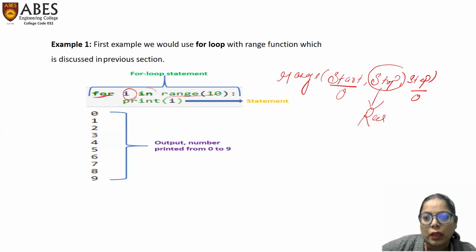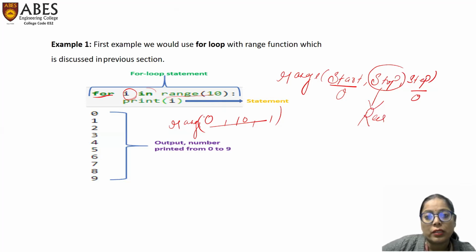For example, here by default the start value is 0, and the step value is 1. So this range function is basically similar to this. Now, how is the for loop working? For variable in range, first it will check whether there is an element in the sequence.